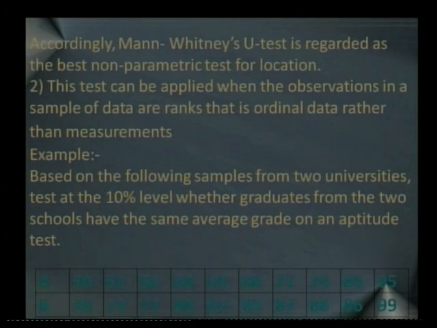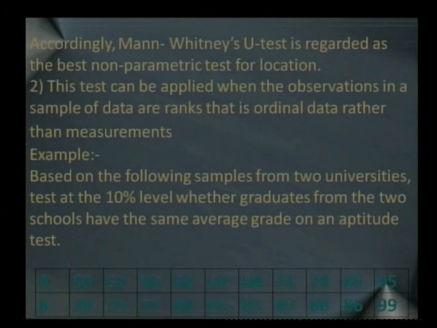And next, this test can be applied when the observations in the sample data are rank only. That is, ordinal data is taken into consideration and not the measurement.